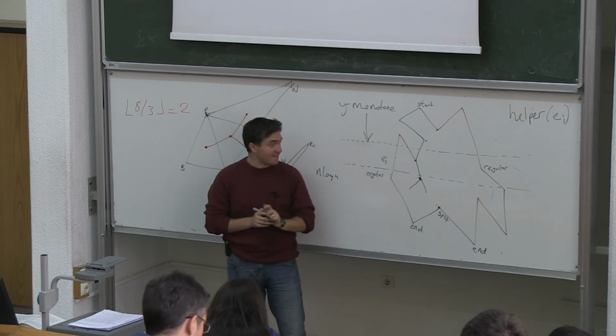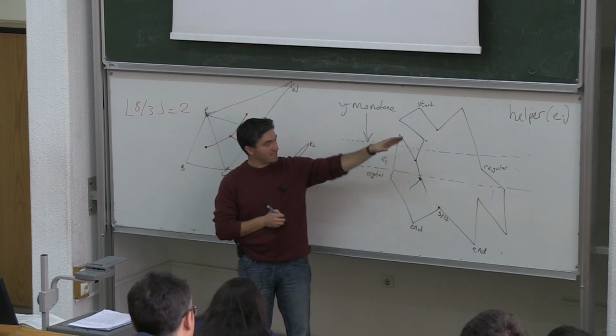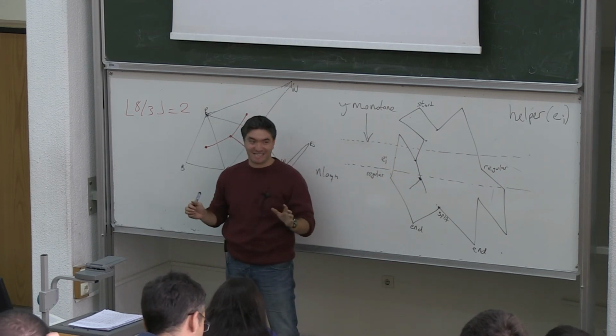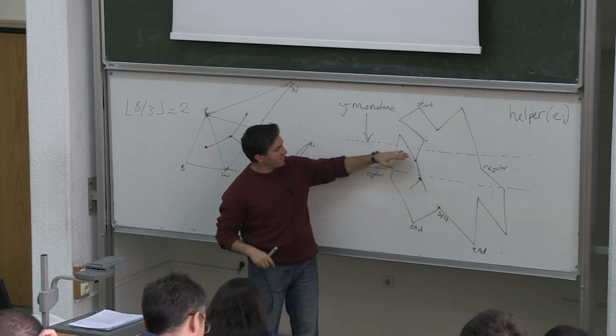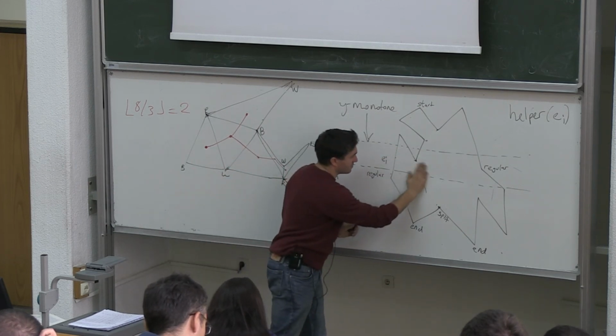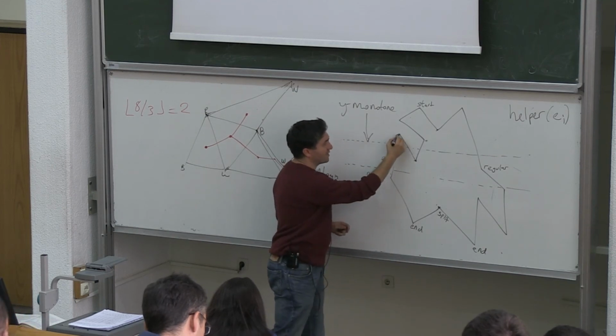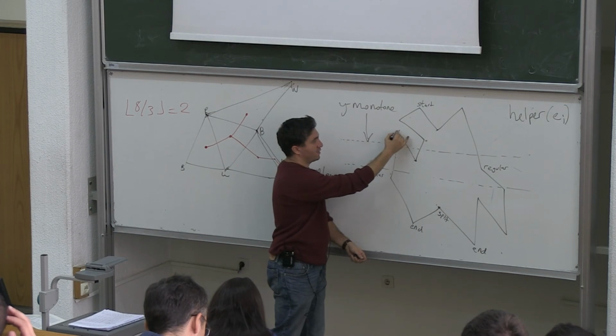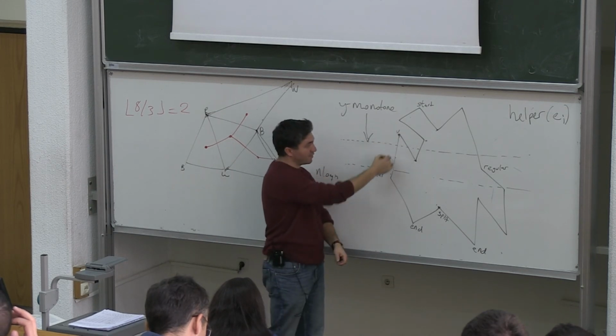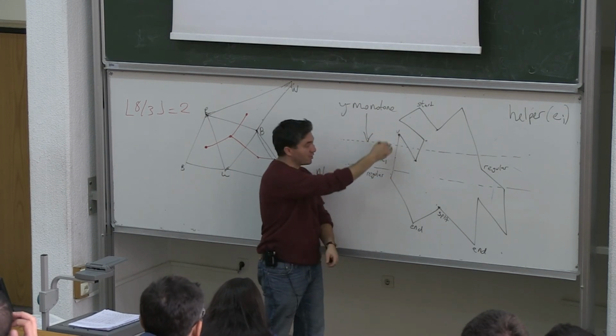But the thing is, the helper vertices of these edges are not static. They are updated dynamically. At this event point, the helper vertex of e_i is this vertex itself. Sometimes the helper vertex may be the upper end point of this edge.